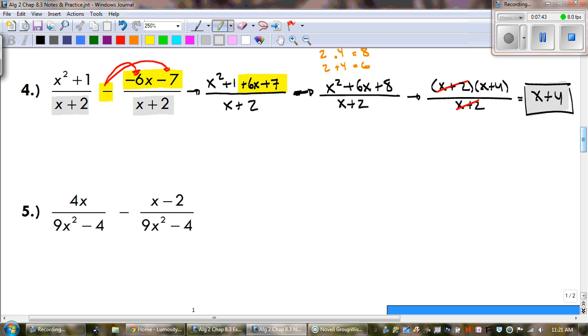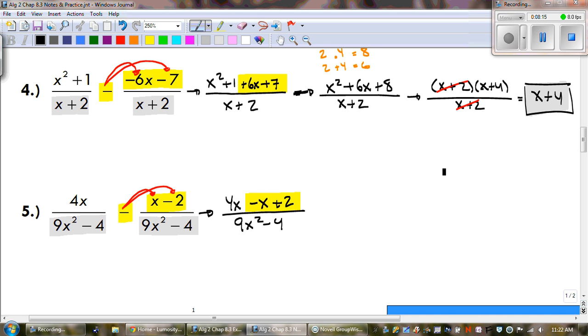All right, we have 2 more. Number 5, our denominators are the same, and we have subtraction. We have 9x squared minus 4 as our denominator. Then we have 4x, and then we're writing in negative x plus 2, because it changes.